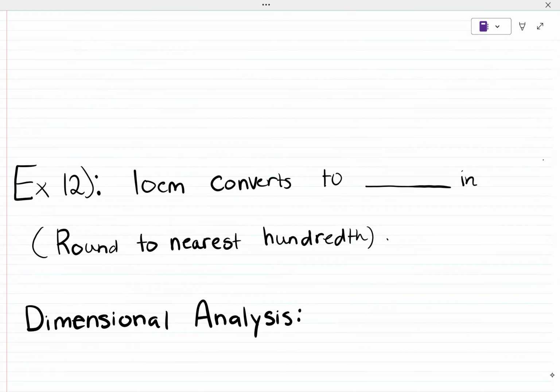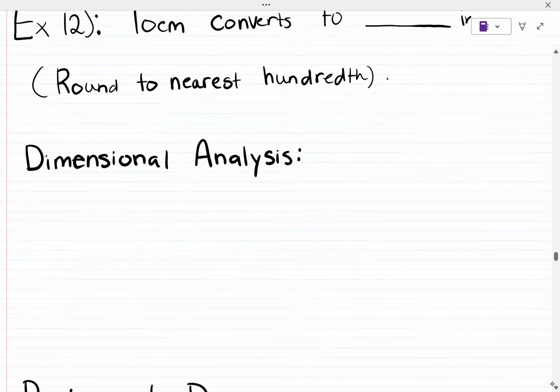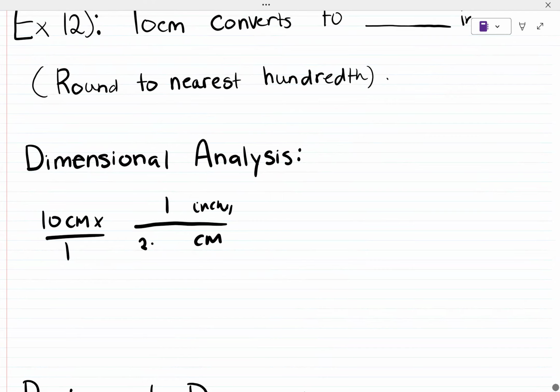Example 12, we have 10 centimeters converts to how many inches? Round to the nearest hundredth. So we'll start with dimensional analysis. We have 10 centimeters times a fraction, centimeters on the bottom, inches on the top, and for 1 inch, there is 2.54 centimeters.